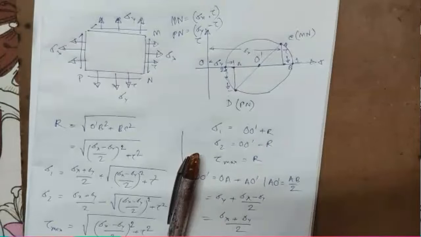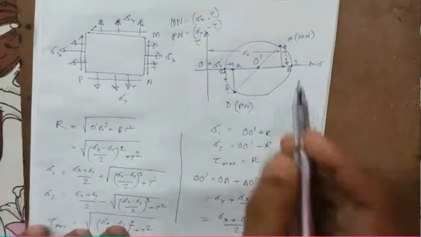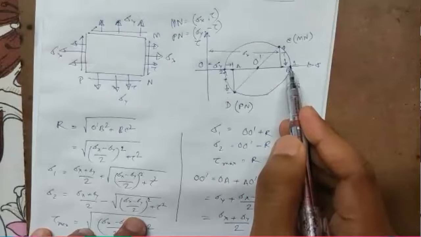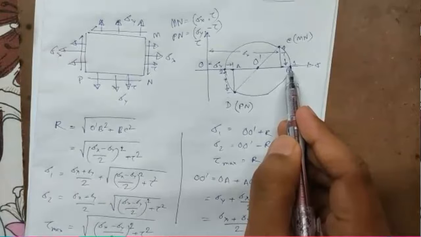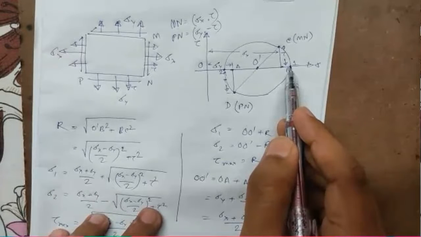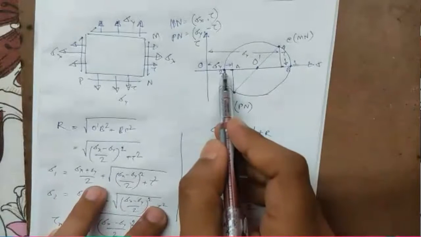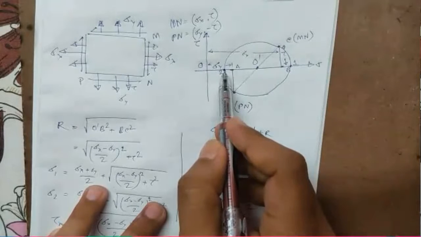Okay, so we have discussed that point 1, this is our major principal stress can be found. At point 2, minor principal stress will be found.